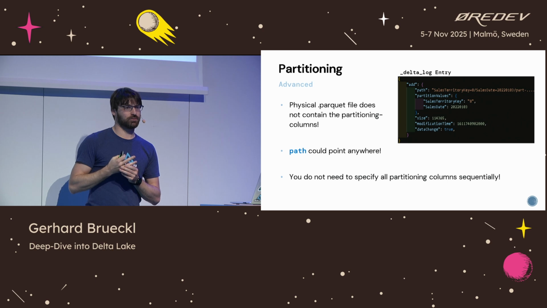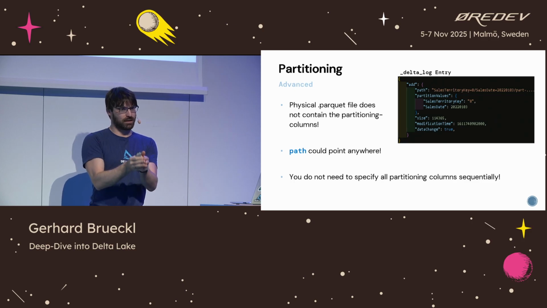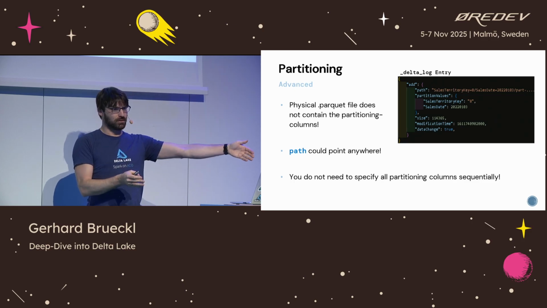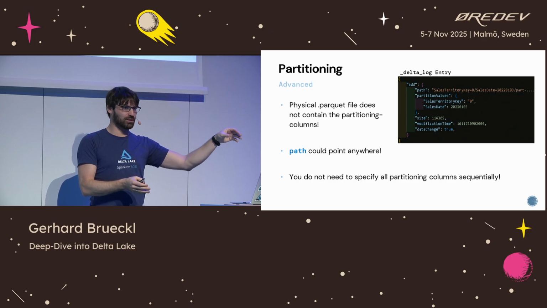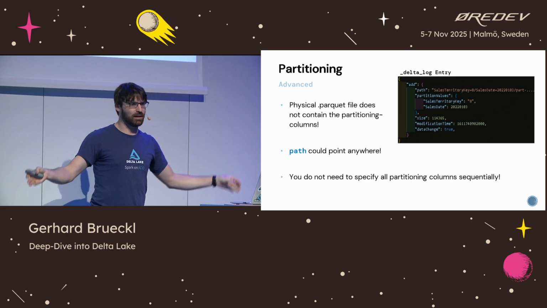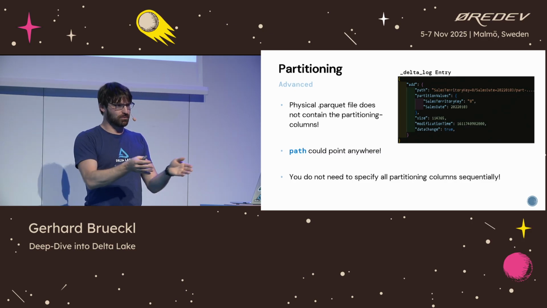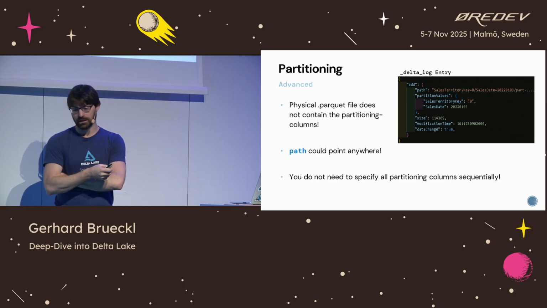The partition values only exist in the metadata, because if a table is partitioned and a particular file falls into a partition, we know that the value of that partitioning column is static, the same for all the rows in that file. So that's only tracked on the metadata level in the Delta log.